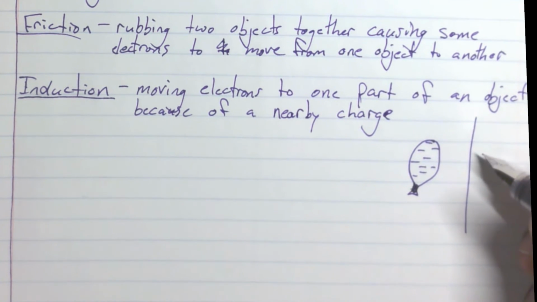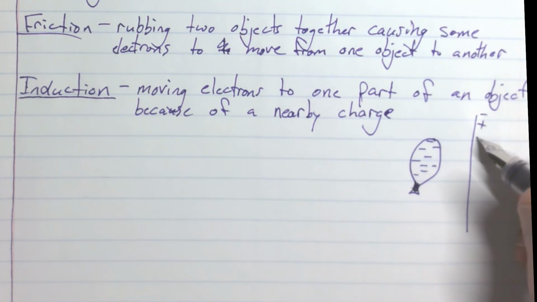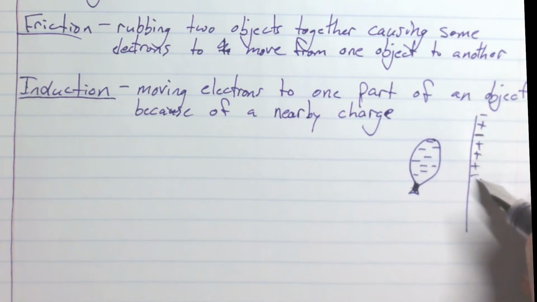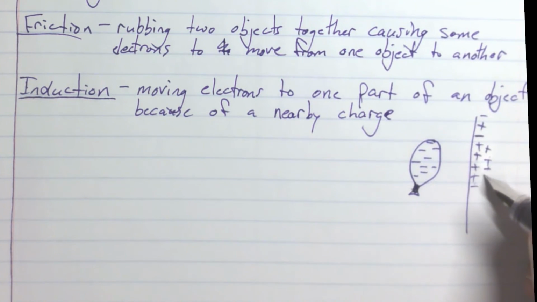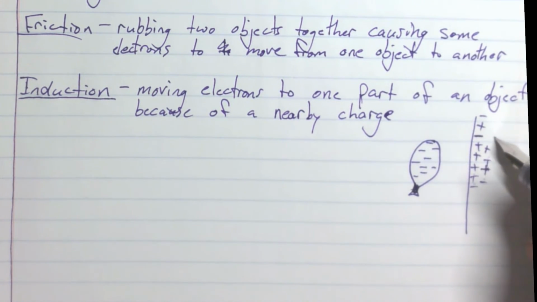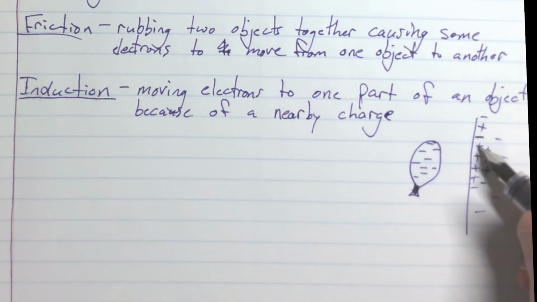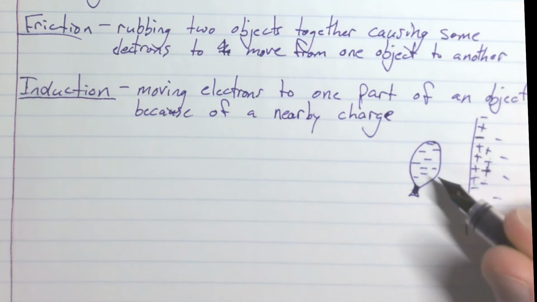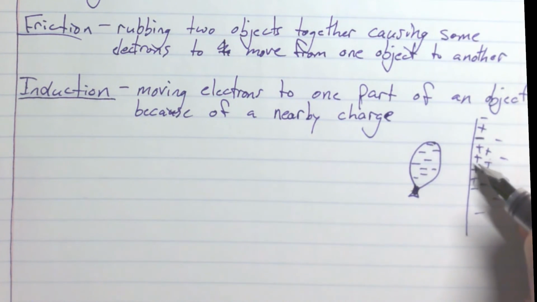Well then, this is already going to be a positive, negative, and so on. But as it gets closer, it pushes away the negatives so that they're further away. And so there's this positive charge on this wall, and now a negative charge on the balloon. They're attracted to each other, and that's why the balloon sticks.